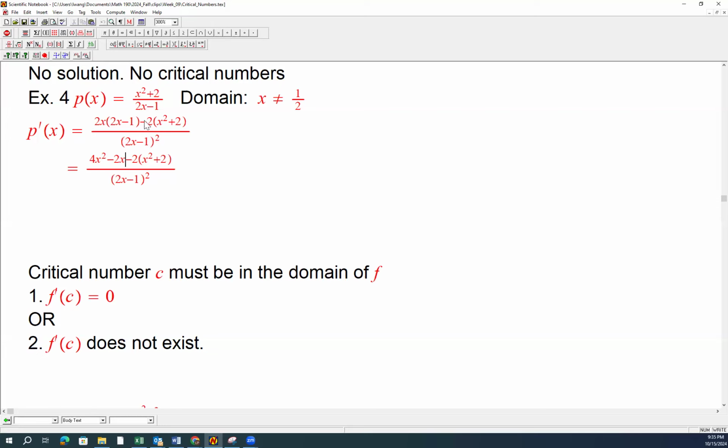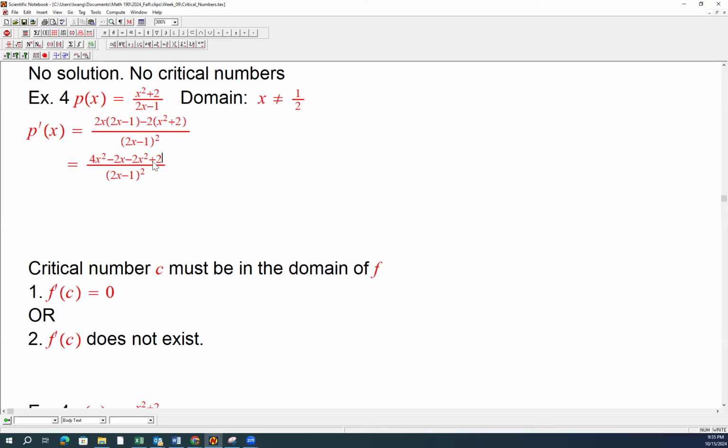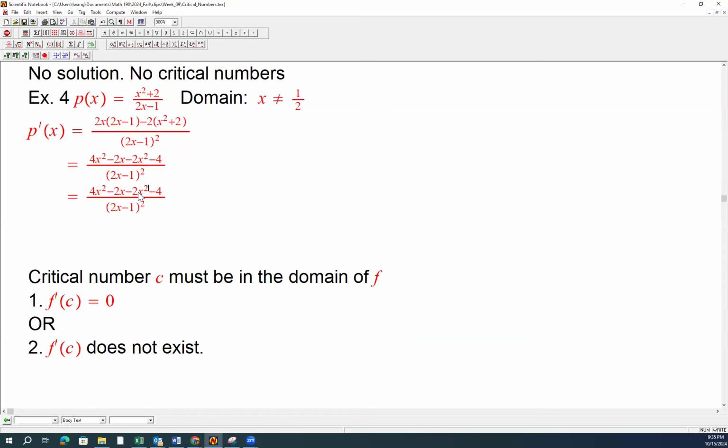On this piece is 2x squared, and 2 times negative 2 is a minus 4. So simplify, take away 2x squared from 4x squared. And we got 2x squared minus 2x minus 4.